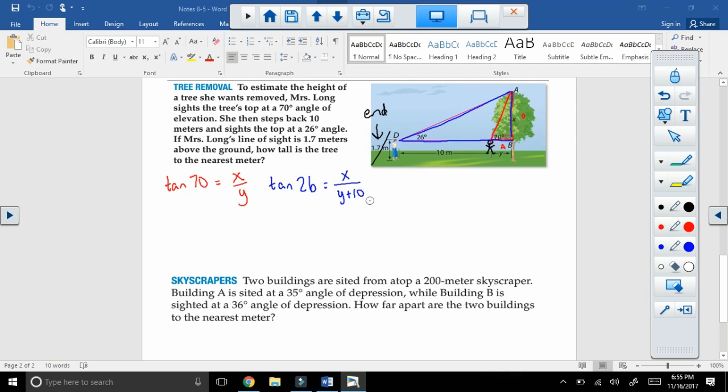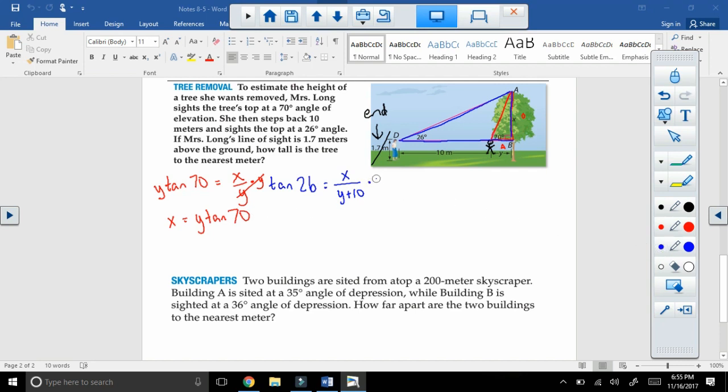What I want to do is I want to get this in a place that I can solve it, and I'm going to solve it with a system of equations. I'm going to solve each of these for x, and then use substitution. So when I solve this one for x, I'm going to multiply y by each side. So x equals y times the tangent of 70.